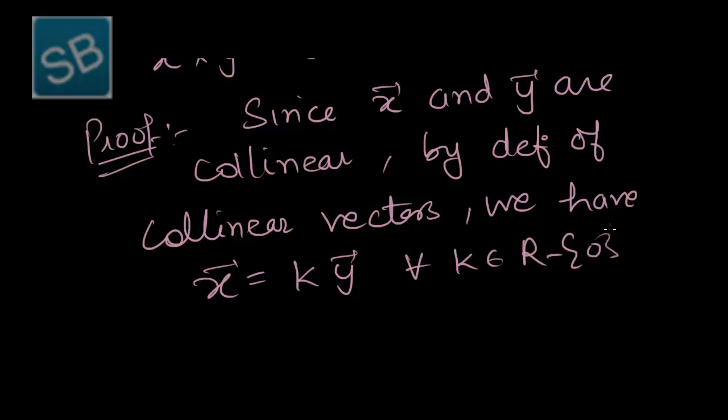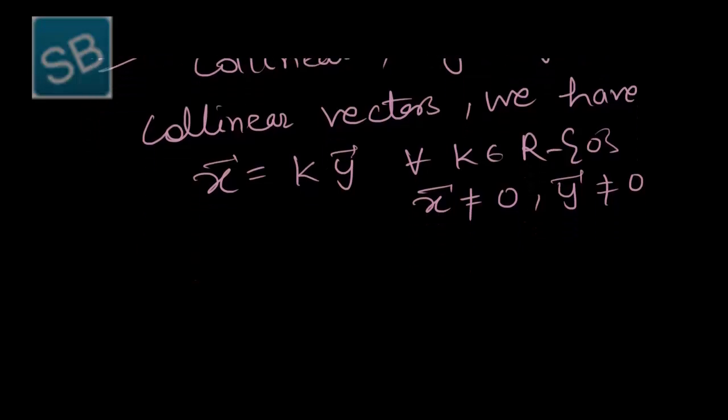That is, k is always non-zero and vector x is always not equal to 0 and vector y is not equal to 0. That is, x and y are non-zero vectors.